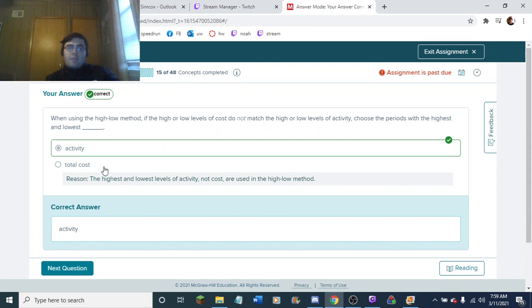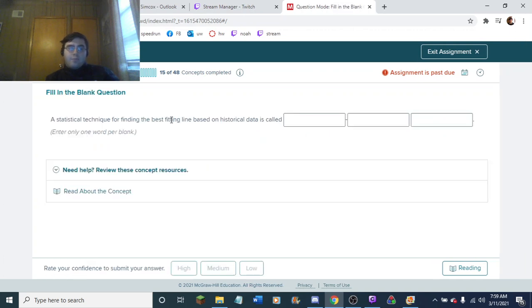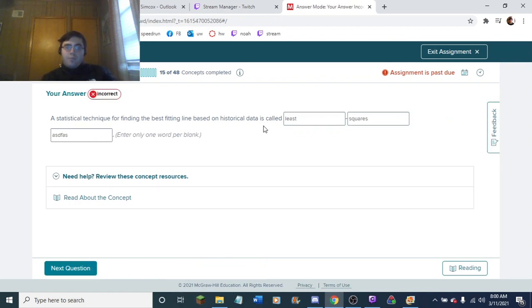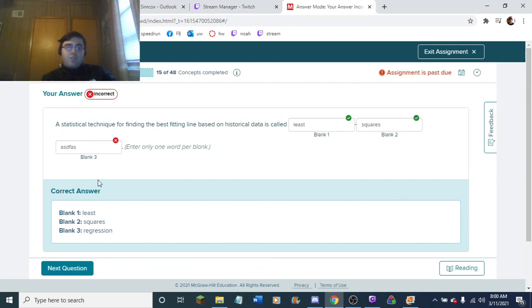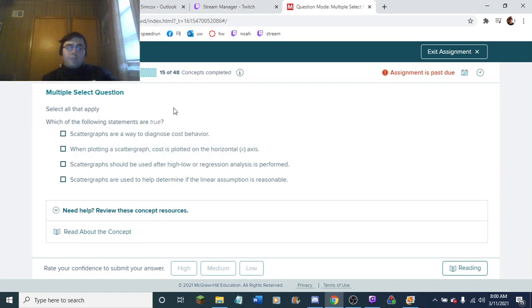Then choose activity. So use activity for the high-low method if they do not match or whatever. Least squares. I forgot something. It's actually least squares regression. Which of the following statements are true?